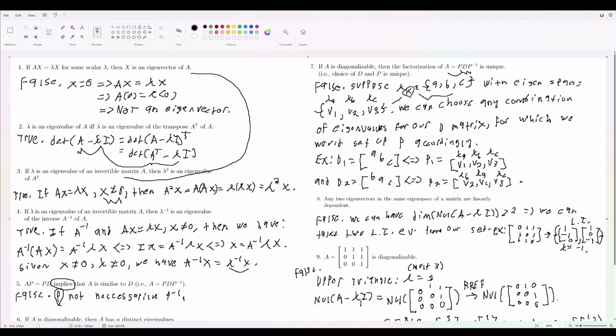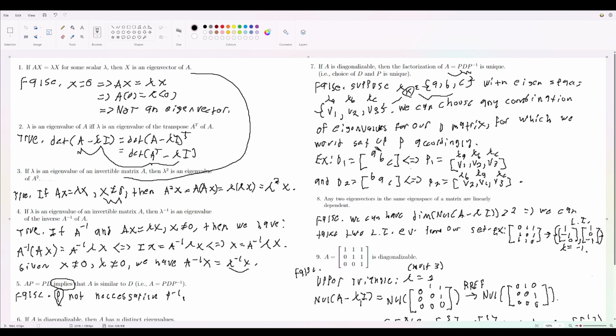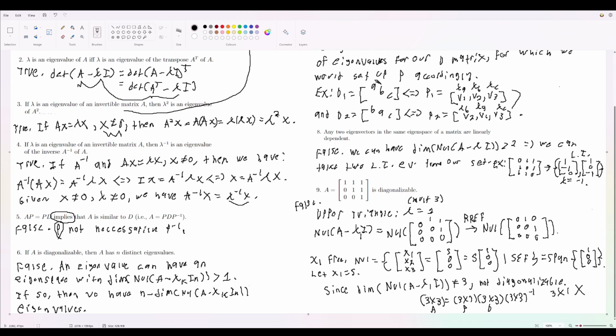But we can also have D2 equals b, a, c, so we shift our b and a. That implies that our P2 is going to be v2, v1, v3, and we can do that so on, however many combinations. Since we can have multiple combinations, we say that's false, because then it would not be unique. If it were unique, we would only have one, but this is just an example where that fails.